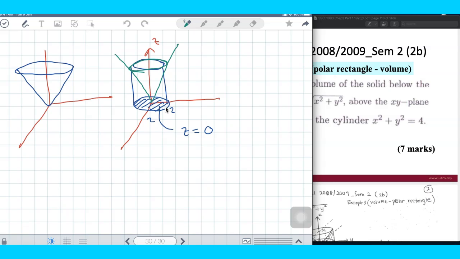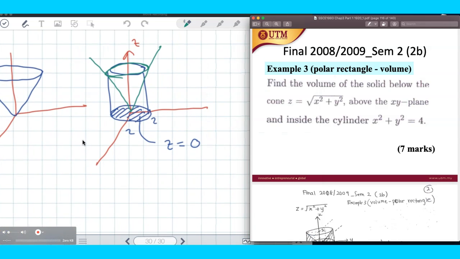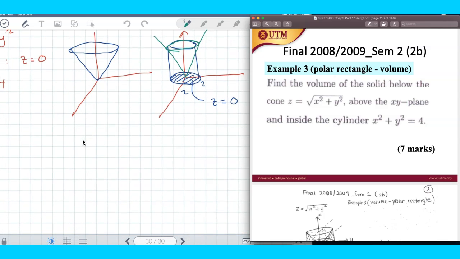Okay, so I think I should redraw properly.